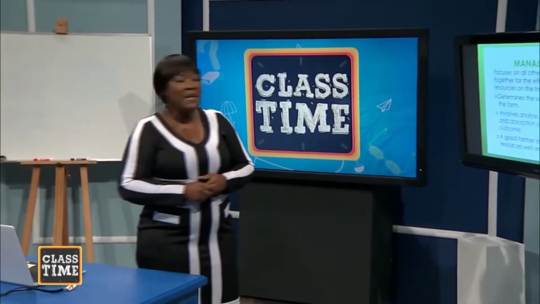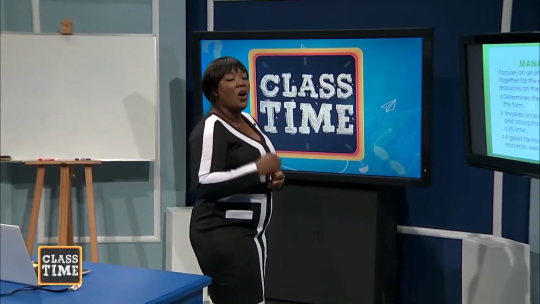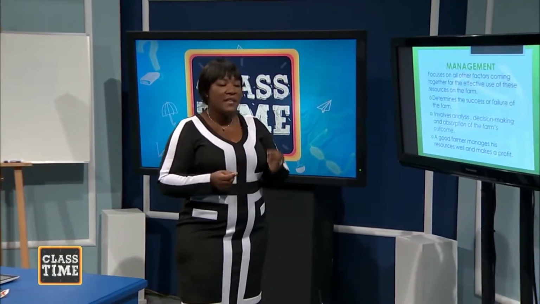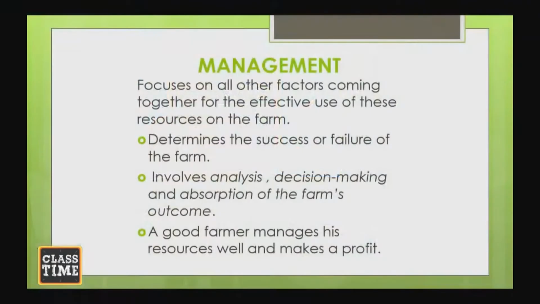Now, management focuses on all other factors of production. Management determines the success or the failure of any production line. So on the farm, it speaks to how best we monitor or manage our land, our labor, and our capital. So we have to have a good labor force, monitor it well, monitor our land, keep track of our business with the capital.